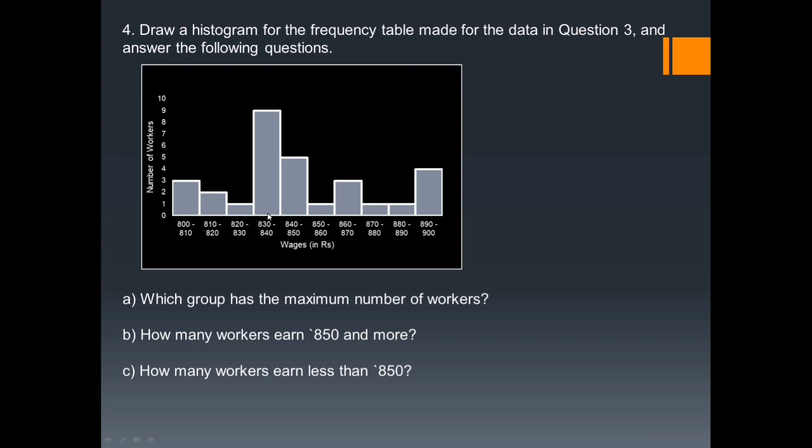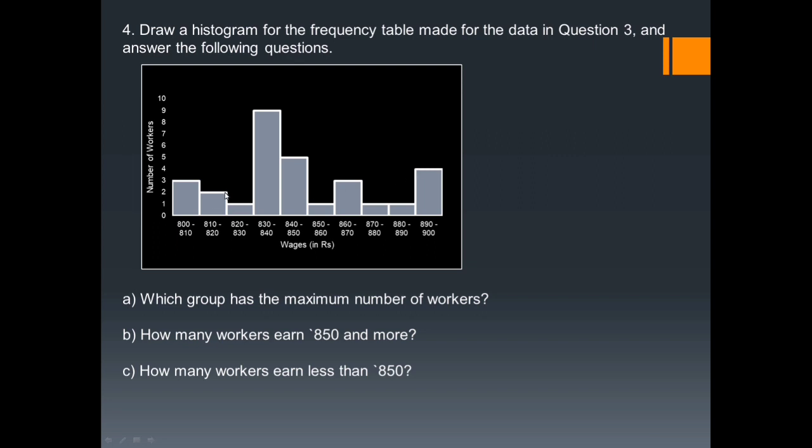Between 830 to 840 the maximum, 9, are there, if you look at the frequency distribution table in question number 3. Then 840 to 850 we have 5. Then 850 to 860 we have 1. 860 to 870 we have 3. Then 870 to 880 and 880 to 890 we have 1 each. And 890 to 900 we have 4.